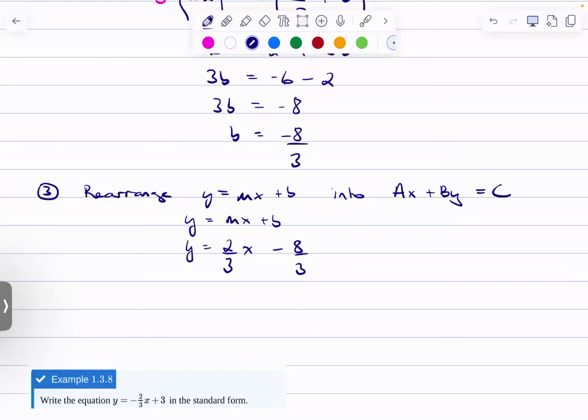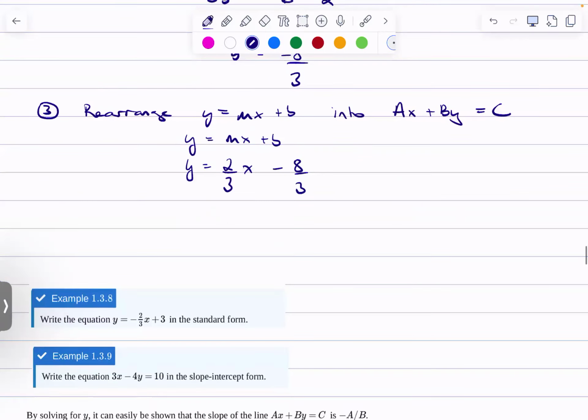Now this one is going to be really nice because these values are both over 3, right? So if I multiply both sides by 3, then I can eliminate those, right? And it really simplifies things. So we are lucky. Again, I'm gonna just highlight that I'm multiplying both sides by 3.